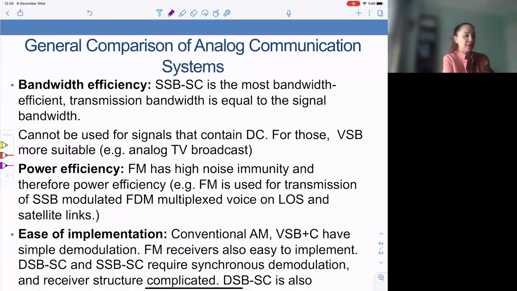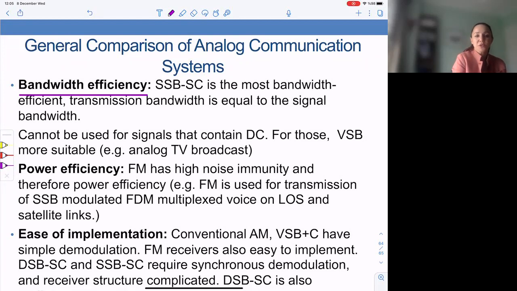So with that, let's take a look at a general comparison of the noise performance, in general the trade-offs between different analog communication techniques that we have studied. In terms of bandwidth efficiency, who is the most efficient? Clearly, SSB with no carrier is the most bandwidth efficient technique because the transmission bandwidth is equal to the minimum possible transmission bandwidth that we can use to transmit the given message signal.